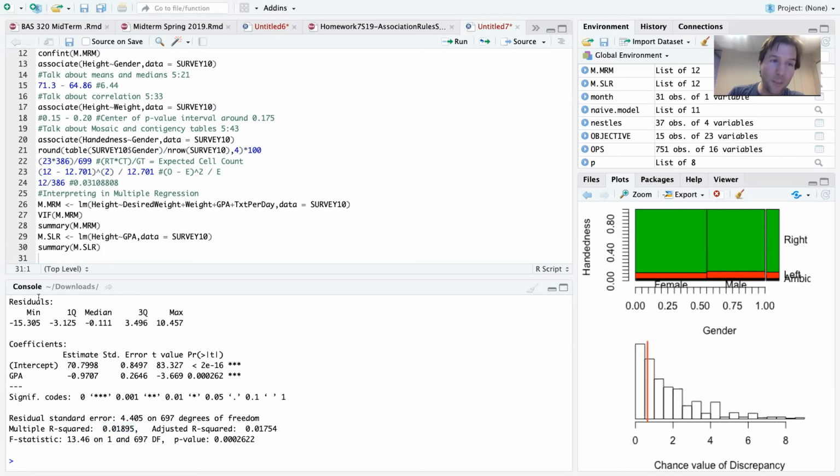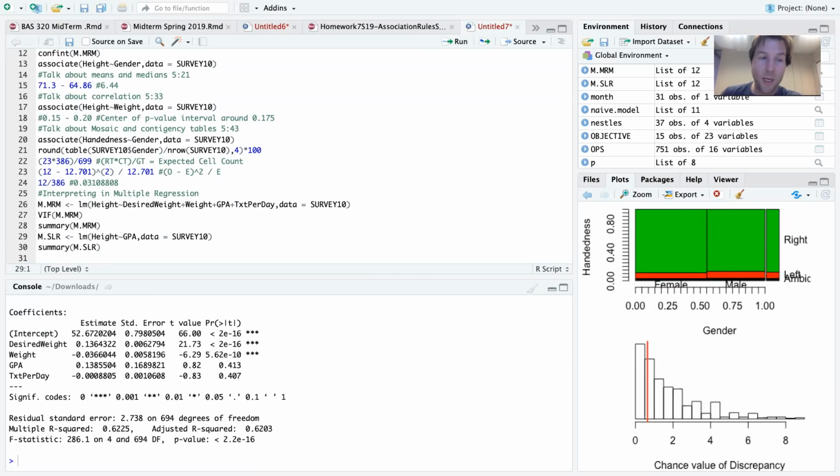As opposed to our multiple regression world, where 62.25% of the variation in somebody's height is explained by the multiple regression model, as in the variation explained by their desired weight, GPA, and texts per day, when we look at all of those as a whole.